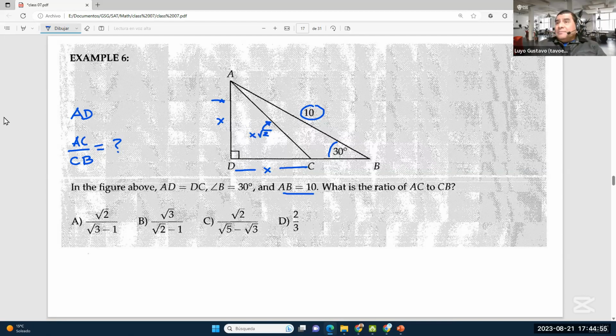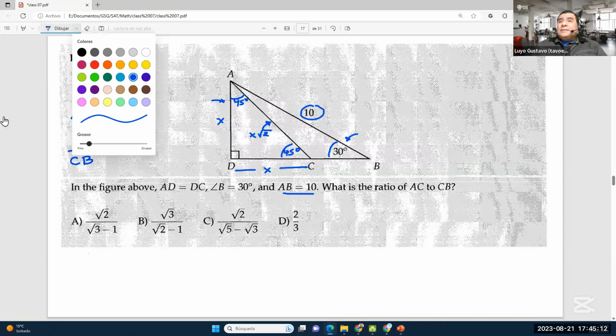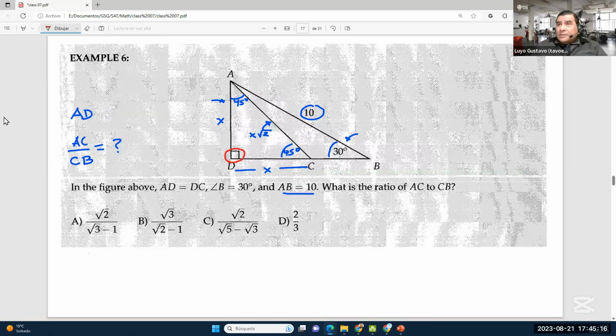At the same time, this is a 45 and 45 degree angle. And because triangle ABD has one interior angle of 30, that means that the other interior angle that is not the right angle, this angle here, must be a 60-degree angle.